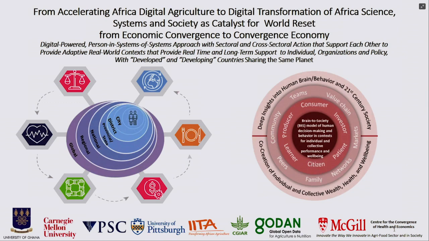The point that we wanted to make in advancing these concepts of convergence innovation platform is to say, digital technologies are enabling not only the big data and so on, but they are enabling connectivity of individual, organization, country, and so on.